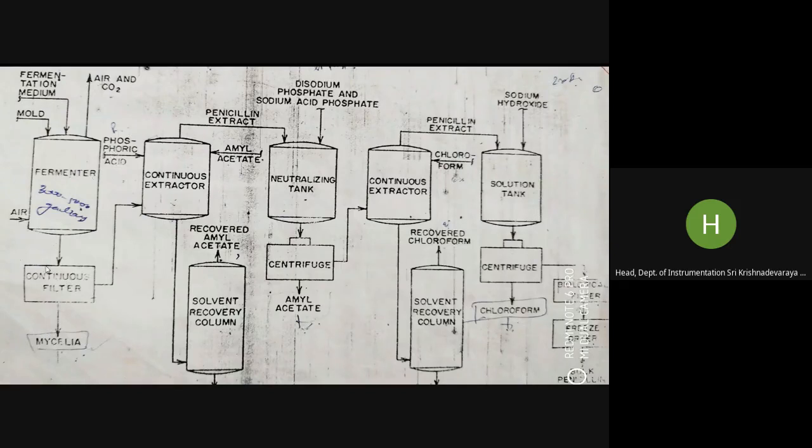Whatever we are getting from the continuous filter is then given to a continuous extractor. Here the concentration of penicillin is considered to be 4,500 international units per milliliter of the solution. Here, 1 microgram is nearly equal to 40 international units. That's how we have to remember.